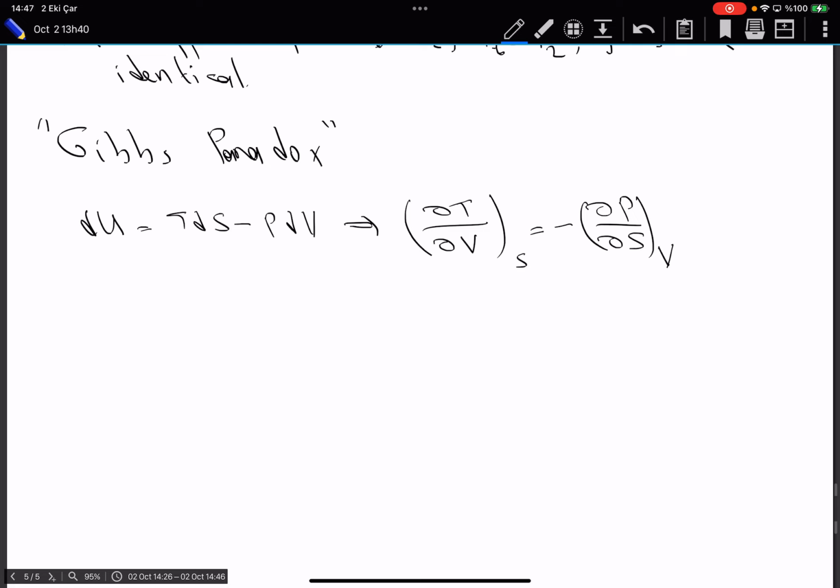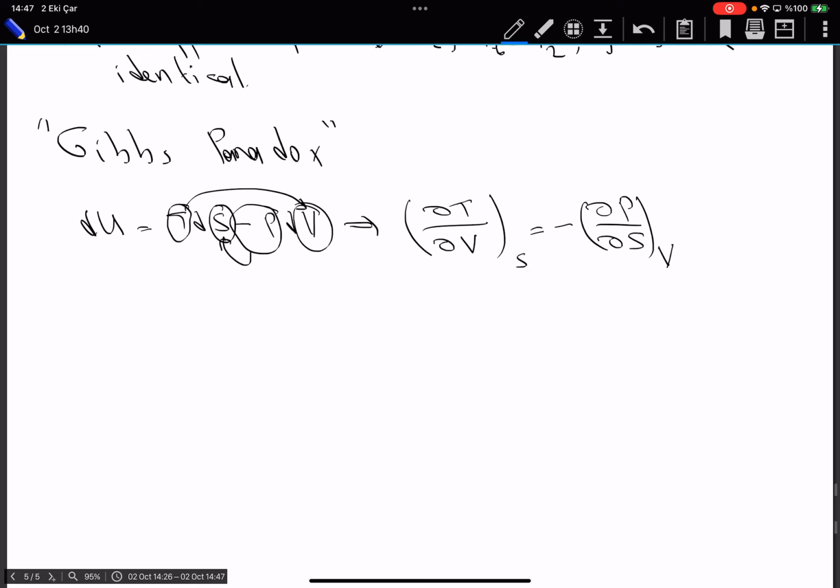If you look at this relation, this coefficient's derivative with respect to this one is equal to the derivative of this coefficient with its sign with respect to this one. That's nothing but the equality of the second derivatives.